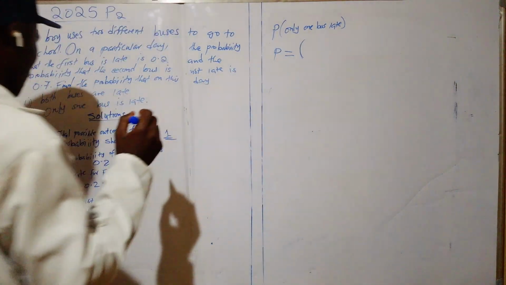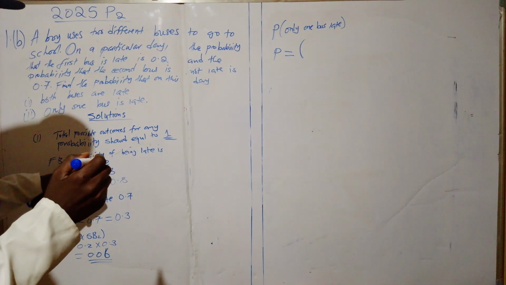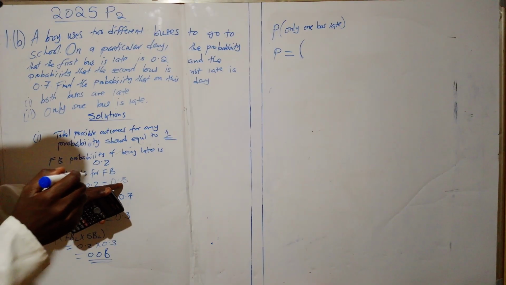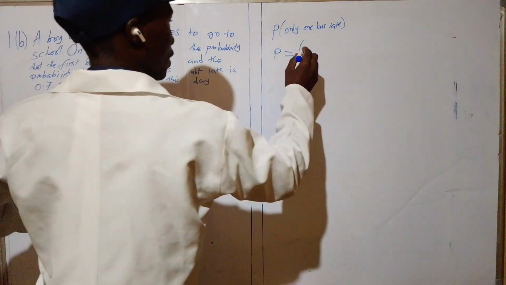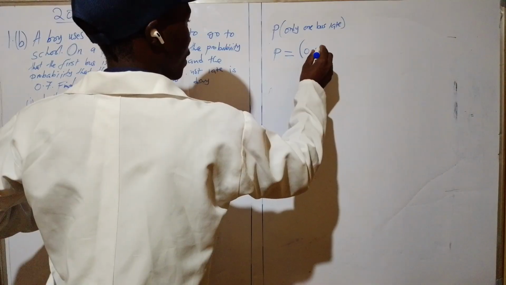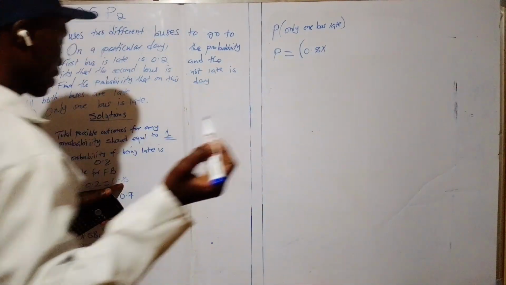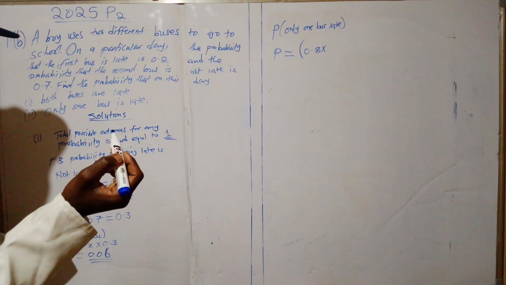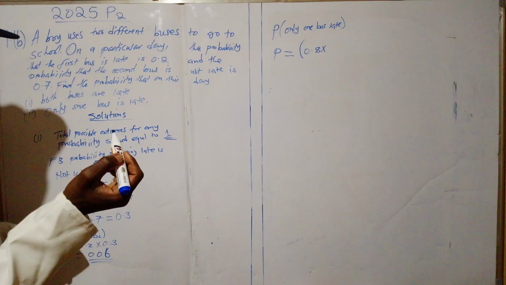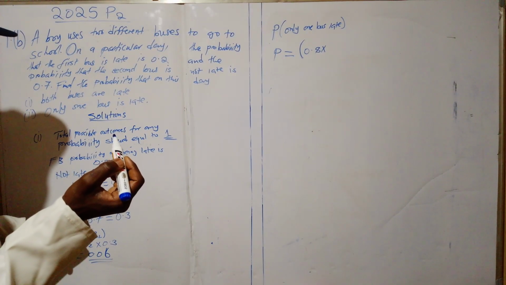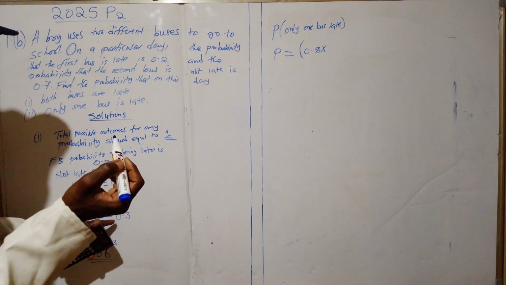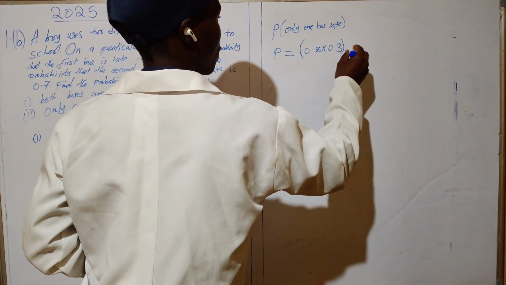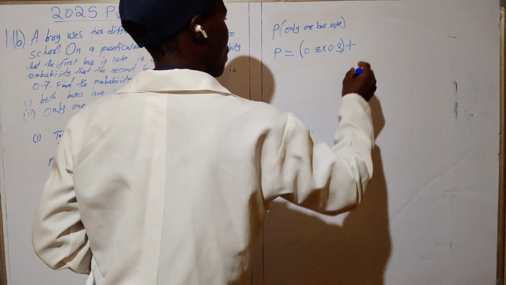If the first bus is early, it means it's not late. What's the probability of the first bus not being late? 0.8. Then times the other one where we're saying it is late. That's the second bus. What's the probability that it is late? Which is 0.3. Then you say plus.